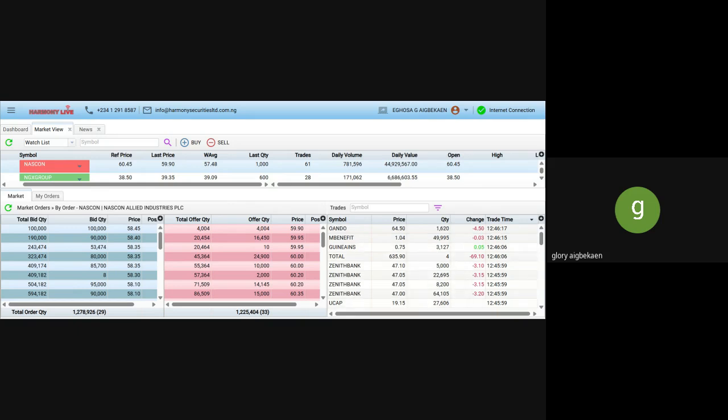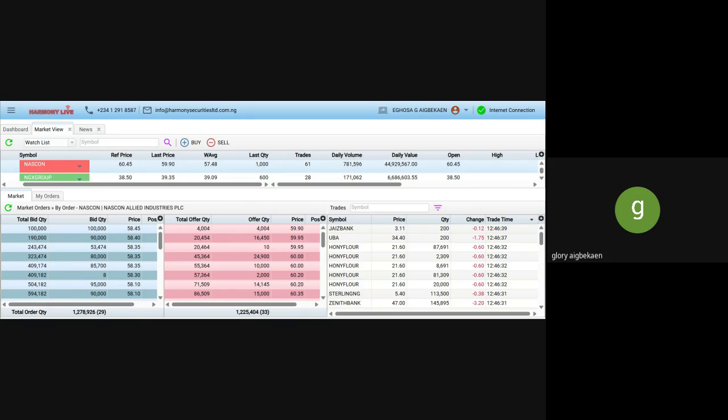Okay, let me start from 2020. In the year 2020, they reported earnings per share of 1 naira and 2 kobo. Every share, they made a profit of 1 naira and 2 kobo. You remember that 2020 was the year we had the coronavirus.